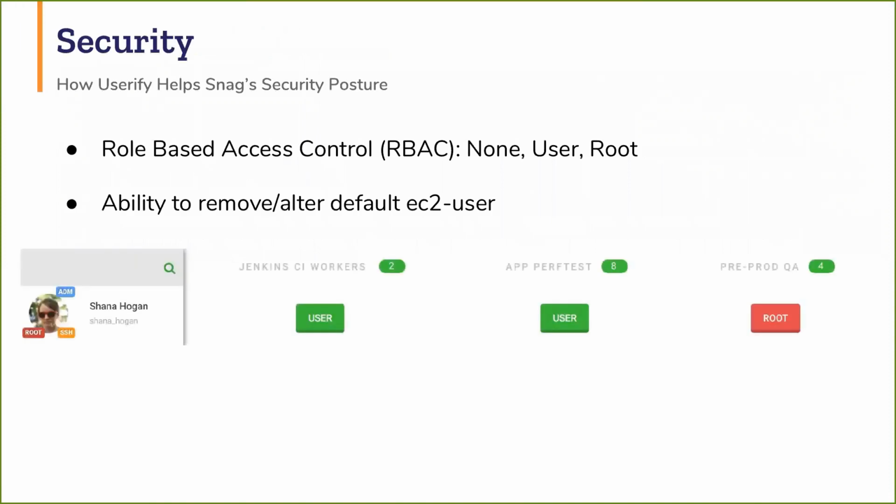Hey, thanks so much, Jordan. So yeah, going back to the role-based access control of the roles of none, user, and root. If you look at the dashboard, and Jamieson basically showed this in a previous view, I've always loved the ability when I sign into the dashboard to easily tell for a given user which is the highest risk area.